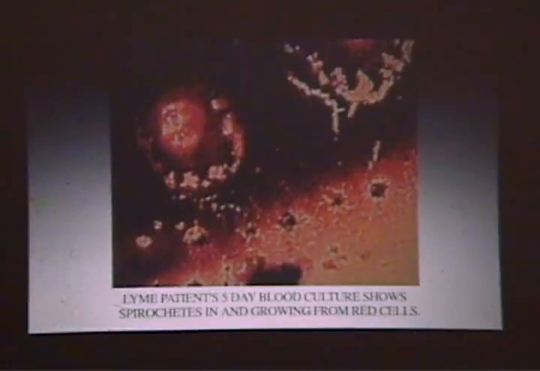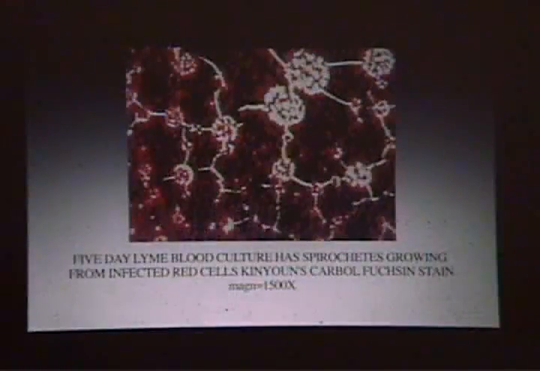And then we get to another different topic. This is parasitism of your red cells when you have Borrelia infection. And here's some more, just a different picture, the same idea, just lots and lots of intracellular growth.